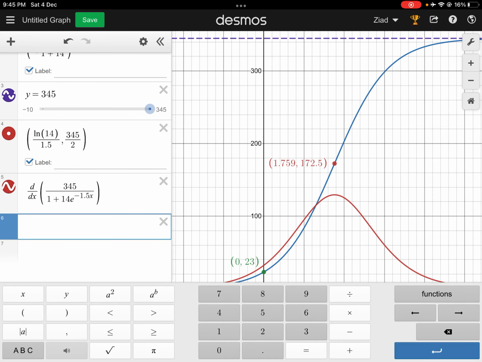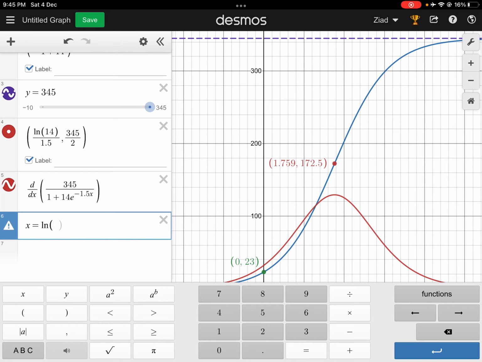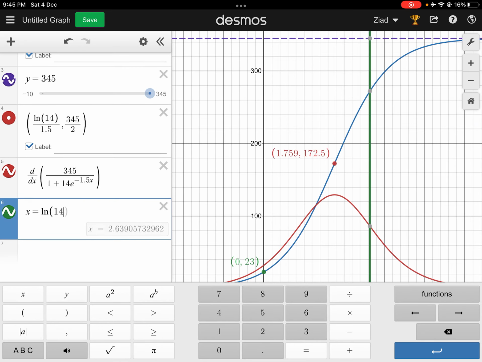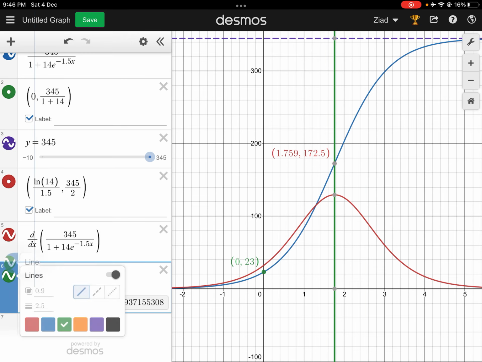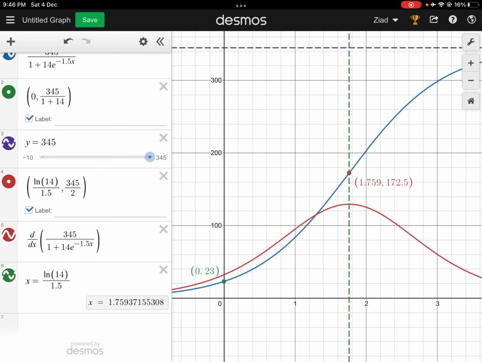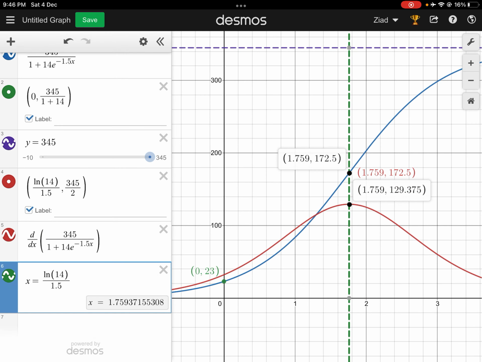So if you do, for example, x equals ln A, which is 14, over B, which is 1.5, you will pass through, and because this is a line, make it dotted, okay, then you see that both points pass through it. So the maximum of the derivative and the inflection point, of course, they are related.